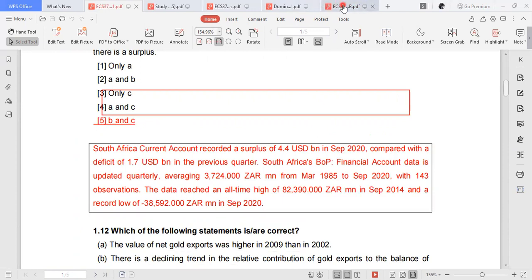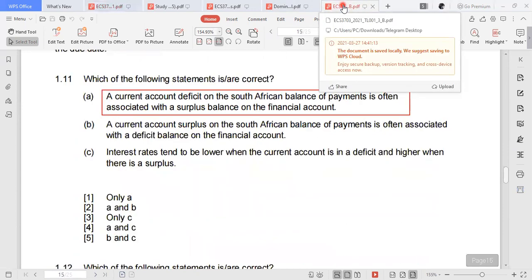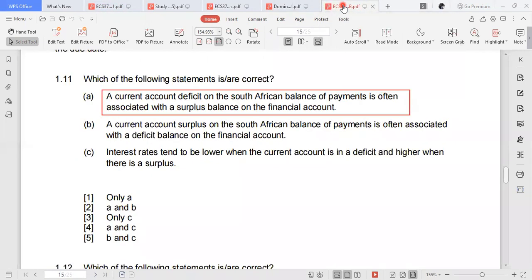So already you now have a pointer. We are not on a deficit side when we consider the current account. Okay. If we take into account the theoretical basis itself, we do not go a step further to consider South Africa.